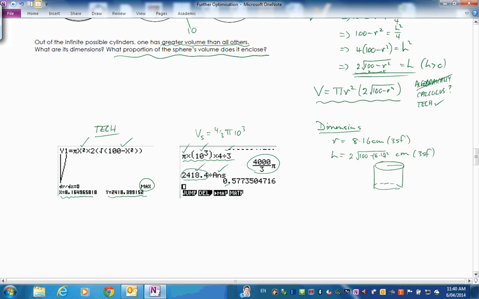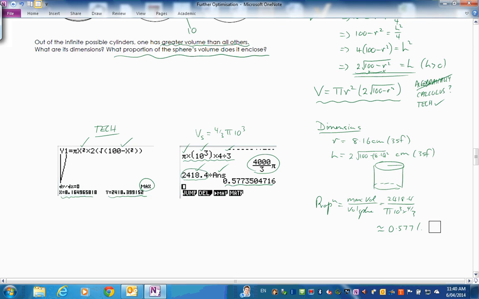Divide by the answer gives a proportion. So the proportion is our maximum volume divided by volume of the sphere, which is 2418.4 over pi 10 cubed times 4/3, and that's approximately 0.577 to 3 significant figures.